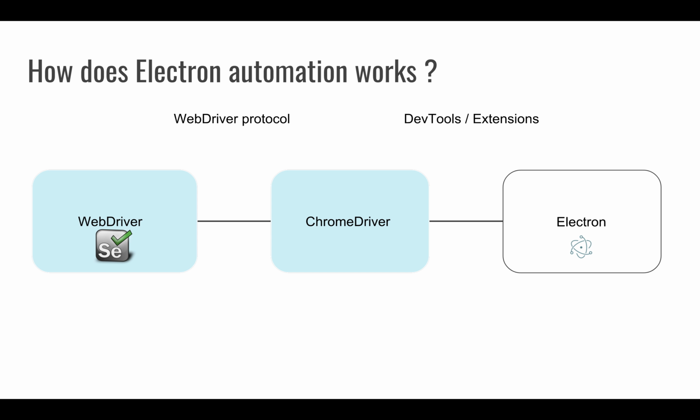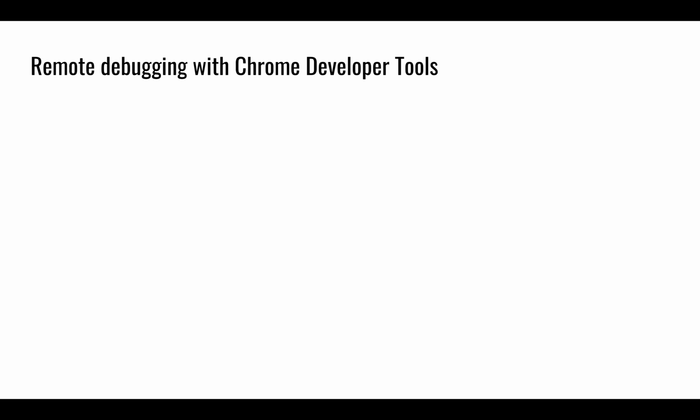For this, we're going to make use of the remote debugging feature of Chrome. When you start your Chrome instance on a remote debugging port through this command line, it will detach the Chrome DevTools from that particular Chrome instance, so that you can remotely debug the application that's loaded on that instance.